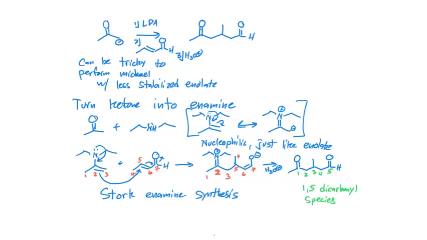We know that because, well, it has to come from one of these two. Neither of them have 2 carbonyls attached to them. So either one is going to be relatively unstable. And so that means that you should be thinking about the Stork enamine synthesis if you are faced with synthesizing a 1,5-dicarbonyl species. Let's take a look at a few examples on the next slide.